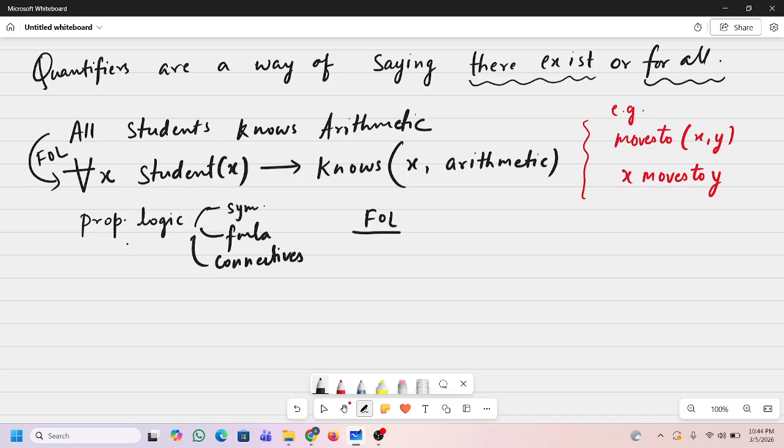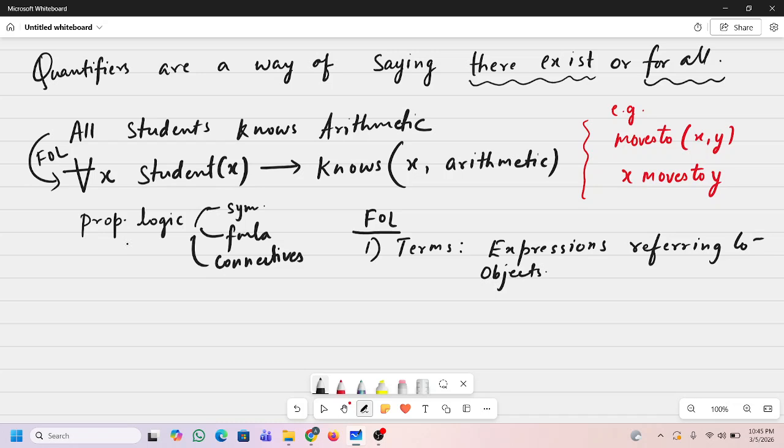The first one that I'm going to define is terms. Terms are nothing but expressions referring to objects.